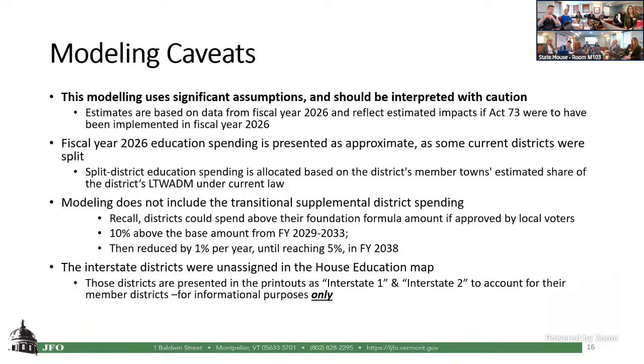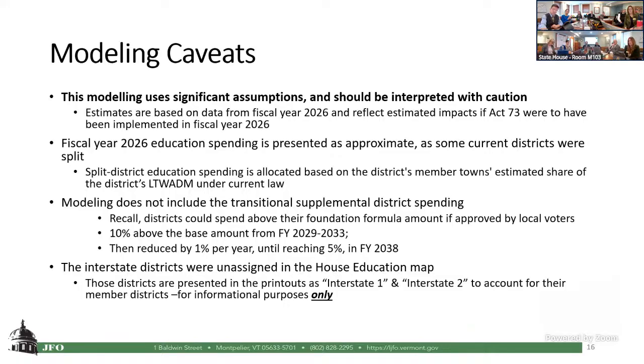And to that end, pre-K hasn't been fully decided yet. Right? It's one of those big outstanding questions. So this is an example of policy choices that are still to be made regarding pre-K and a number of other pieces that haven't been made yet. This is one place where decisions around pre-K may impact the fiscal picture of Act 73 and how much school districts would or would not receive.